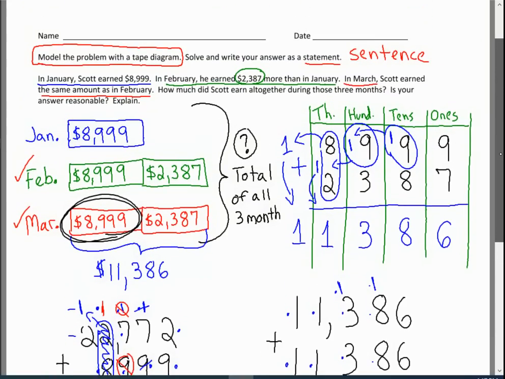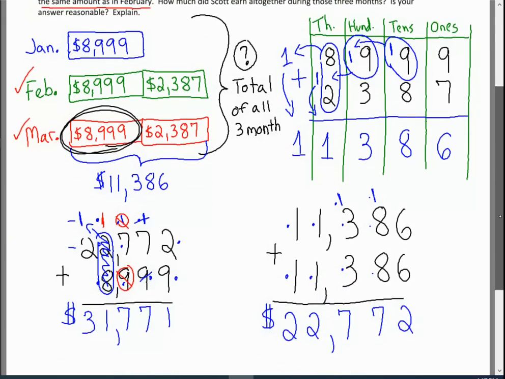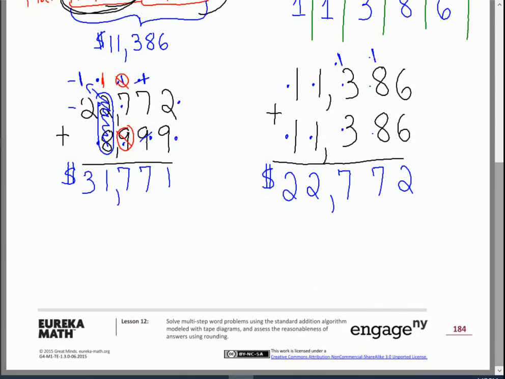I'm going to go back to the beginning. What's this person's name? Scott? Okay, now I got to write a sentence. Start here. Scott earned $31,771.